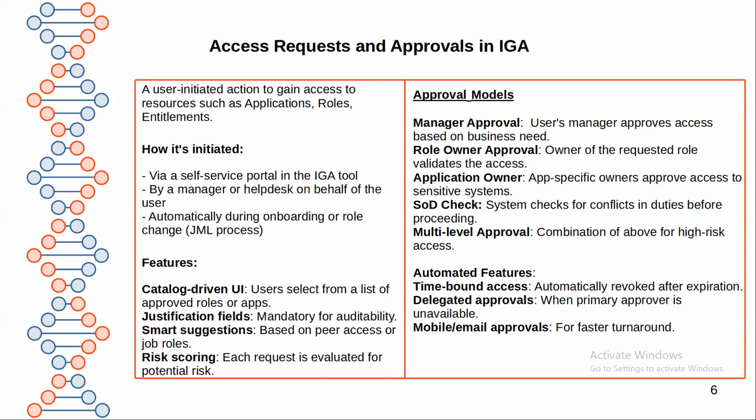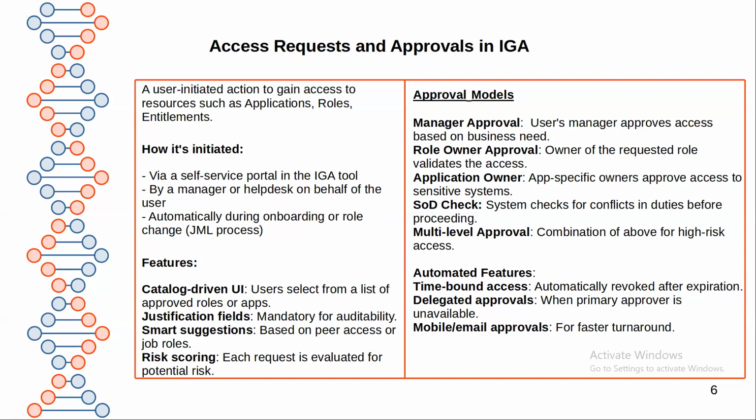In case you want to provide a justification also, justification fields are available, which are required for auditability. Smart suggestions are also available based on your peer access or job roles. These are another feature available in IGA tools. Let's suppose you are working in the SAP team and you got a new role in the organization.